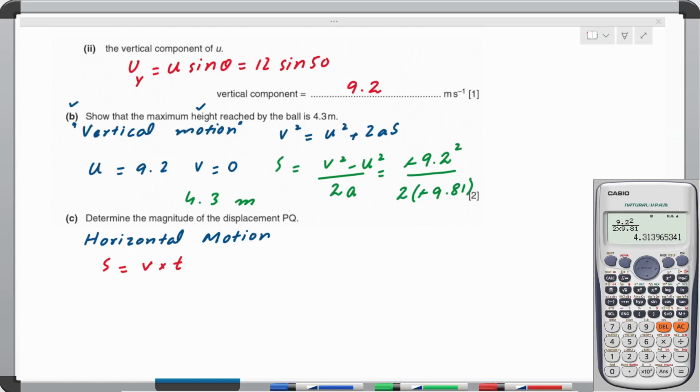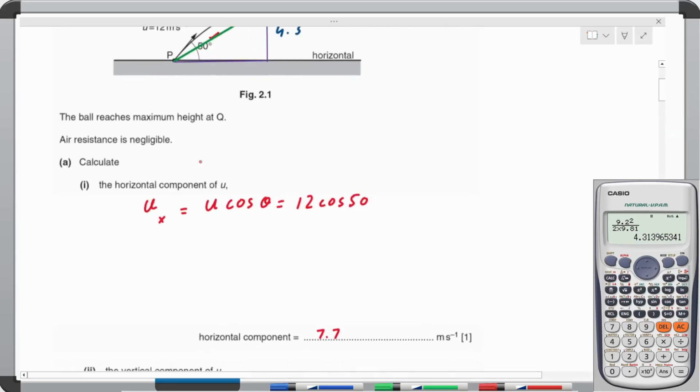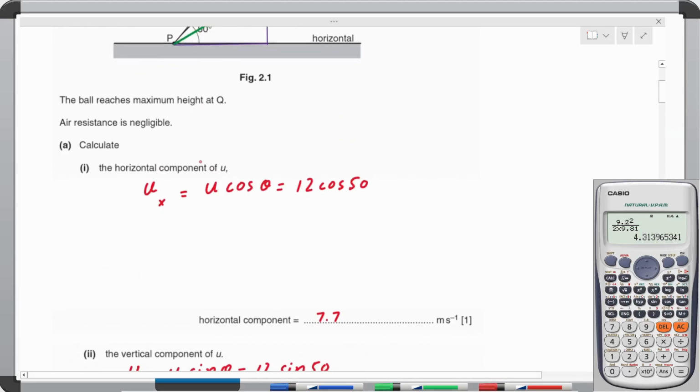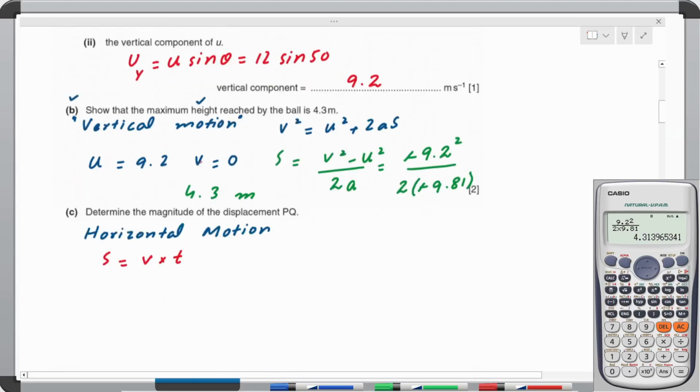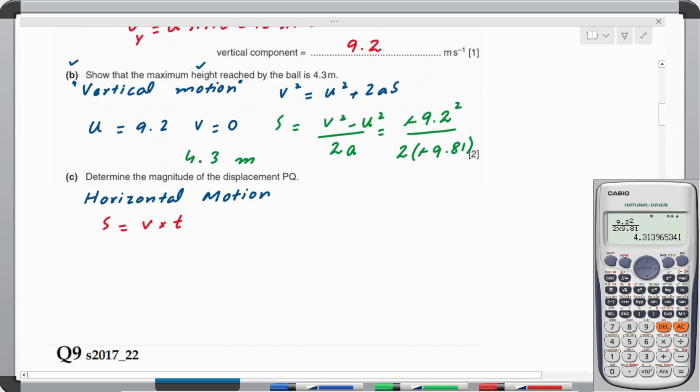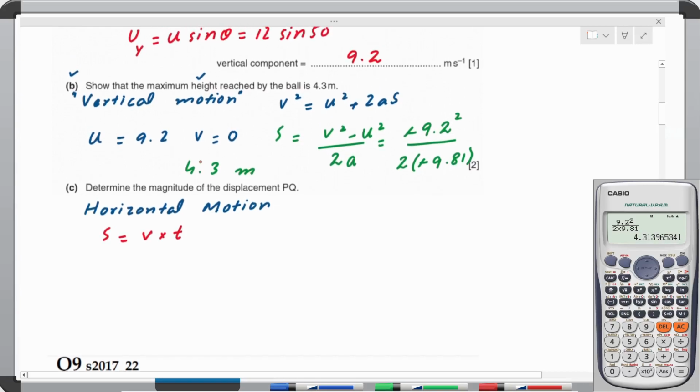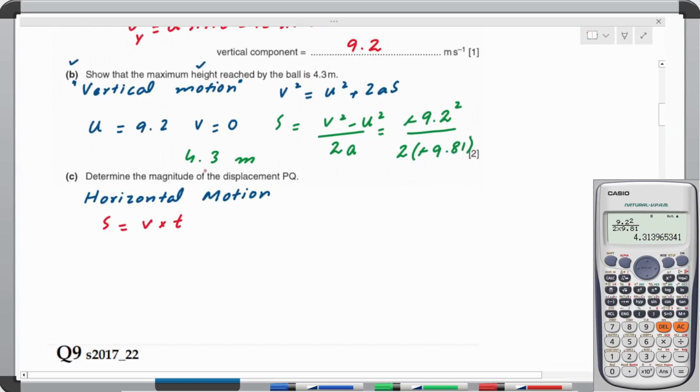Now the thing is, we do have the value for the horizontal velocity, which is 7.7, because that remains the same everywhere, but we don't have the value for the time, like how long it would take for the ball to cover the horizontal distance.